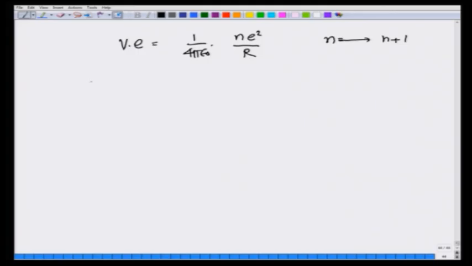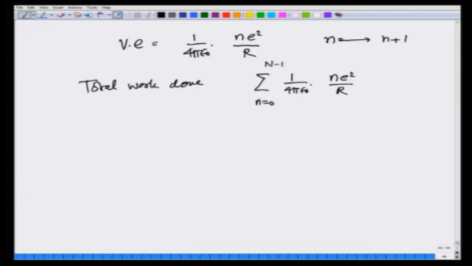So, the net work done, total work done, when we increase n from 0 to capital N is going to be the sum of all these individual works, 4 pi epsilon 0 n e square over r, n equal to 0 to N minus 1, which gives me 1 over 4 pi epsilon 0 N minus 1 over 2 r, and that is the answer.